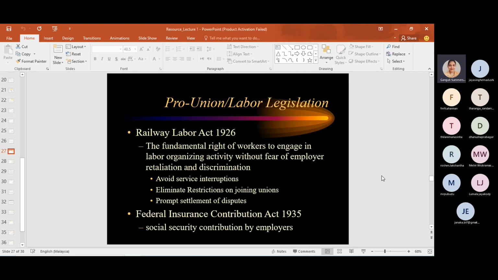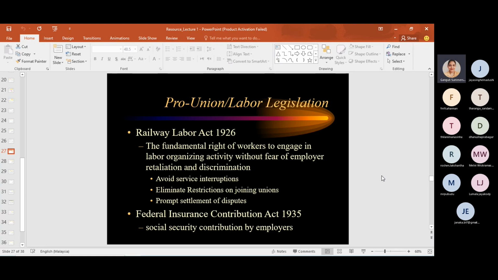Okay, so we stopped at Railway Labour Act, right? So Railway Labour Act was made in 1926. This act talks about the right of workers to engage in labor organizing activity without fear of employer discrimination.